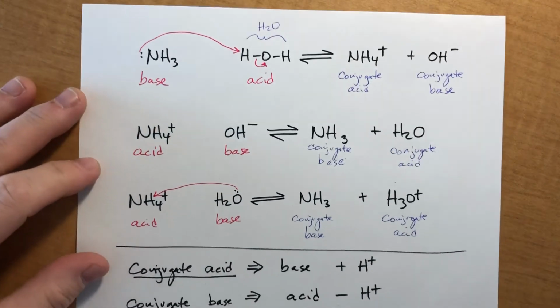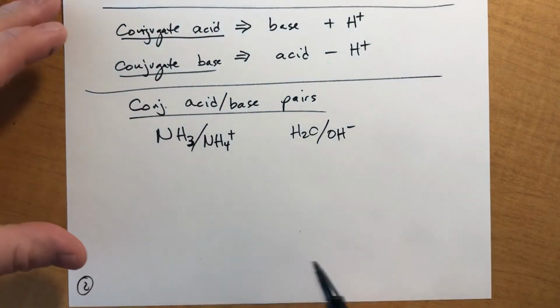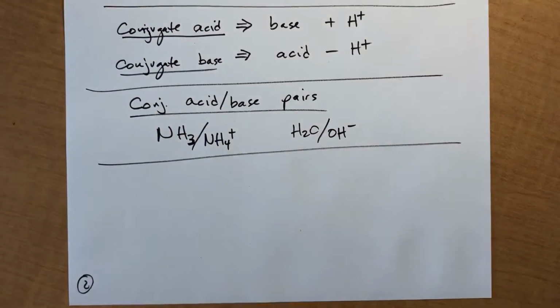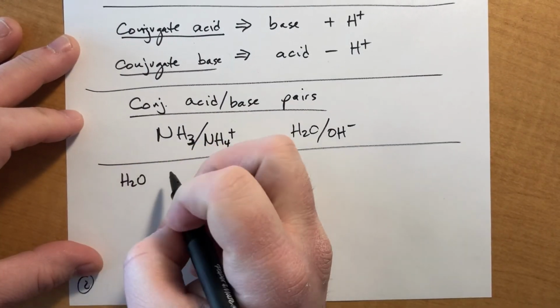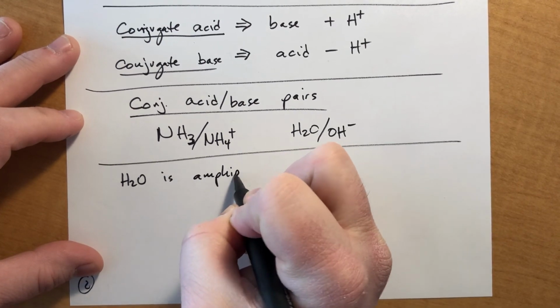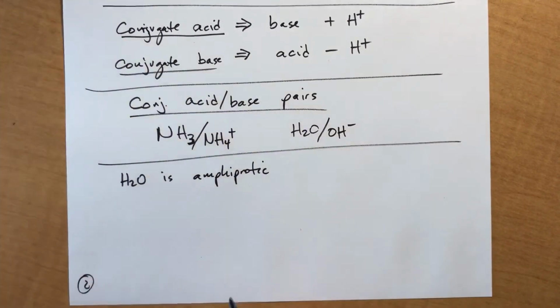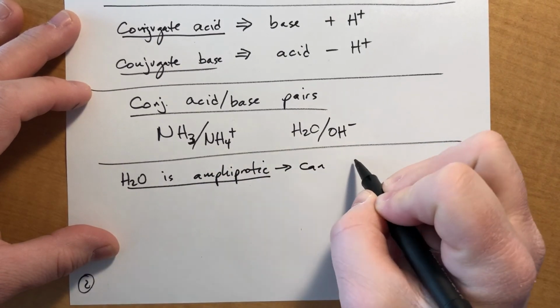Based off the trends we've seen, water can be an acid or a base. It is literally the definition of neutral, which means if it's in the presence of an acid, it will act as a base. If it's in the presence of a base, it will act as an acid. So water is what we call amphiprotic. Basically, what it means is it can be an acid or a base.